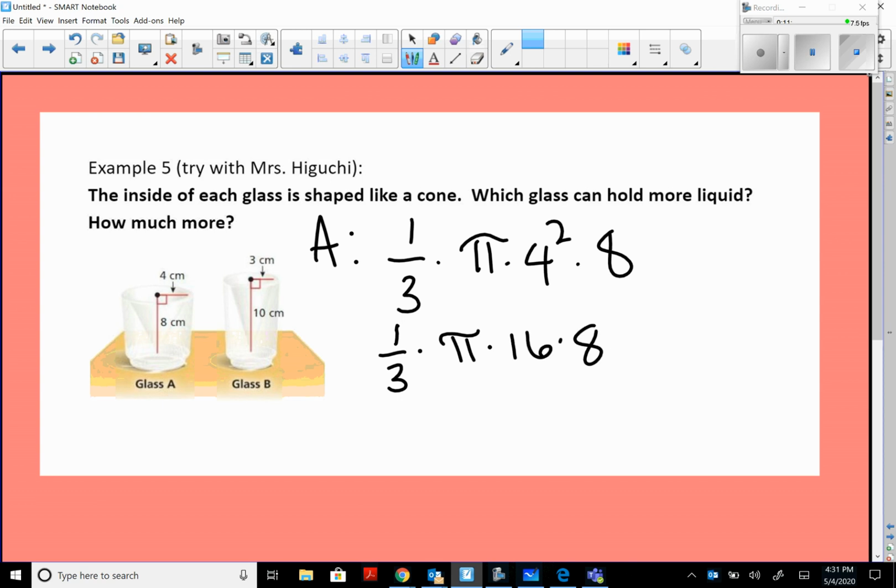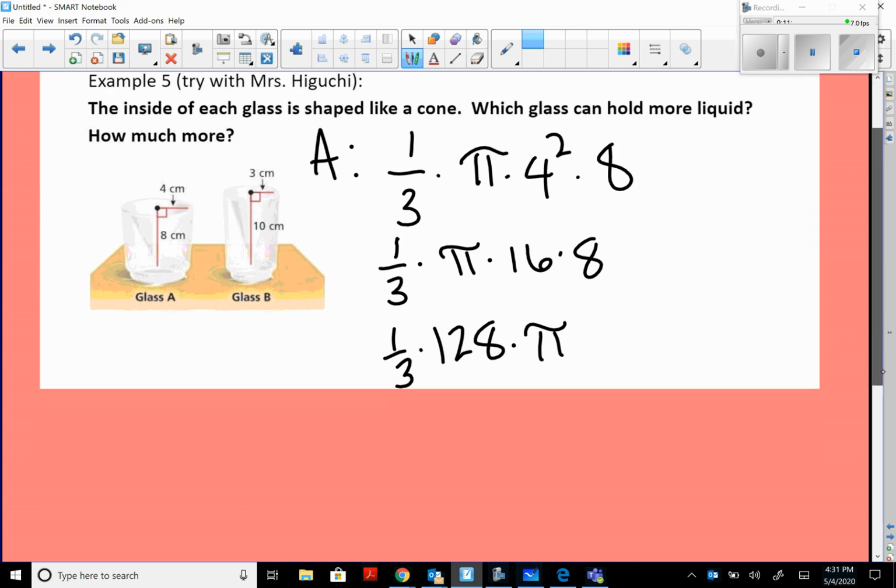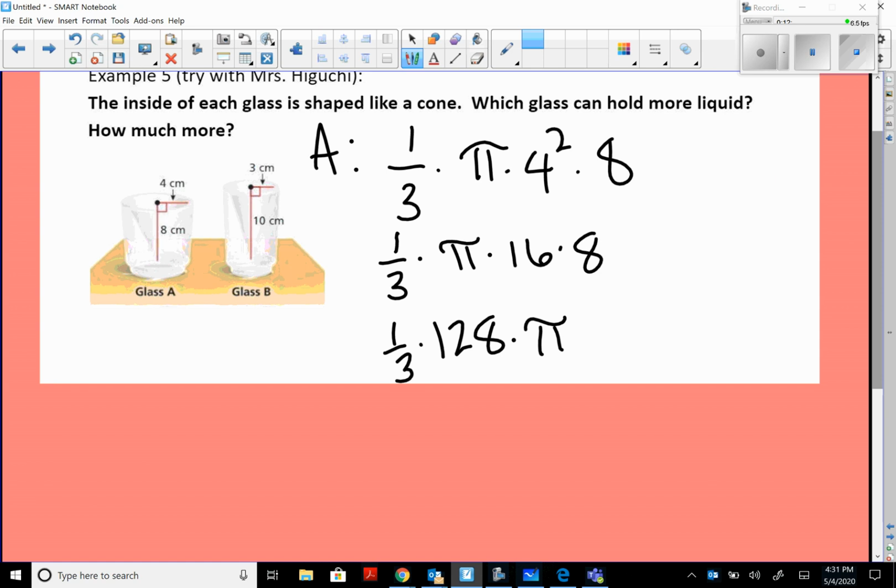And now I'm going to go ahead and multiply the 16 and the 8, which is 128. And since we're trying to figure out which one holds more, let's go ahead and just leave the volumes as approximate and not worry about leaving it as an exact answer. So I'm going to go ahead and plug in 3.14 for pi.